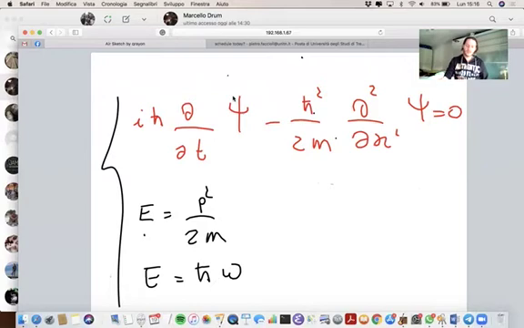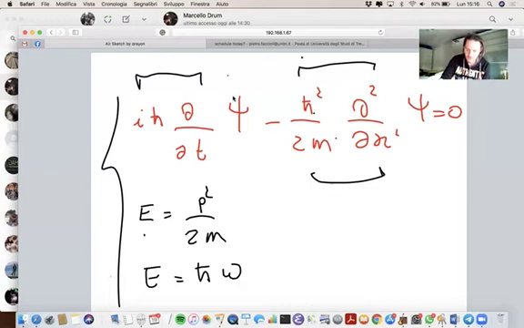So this equation relates a time derivative to a space derivative. But the physical interpretation of this equation is transparent, because basically what the second term of the equation is doing is pulling down something like p squared over 2m outside of the wave function.